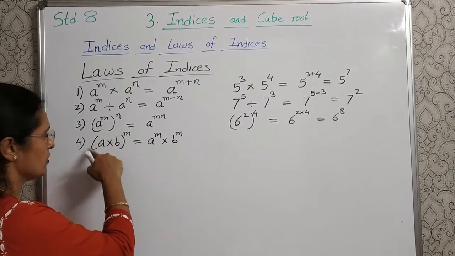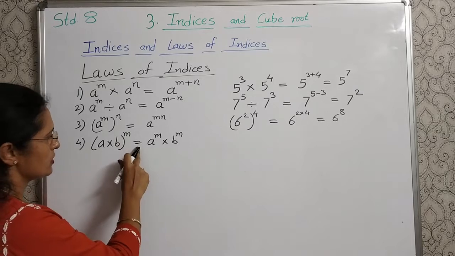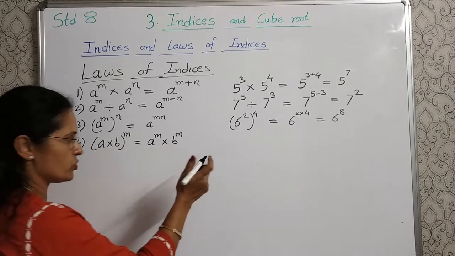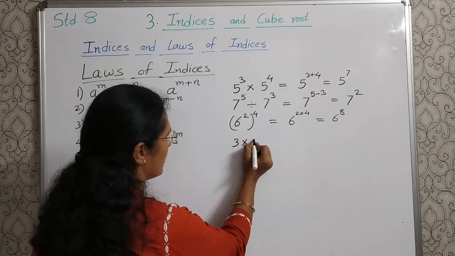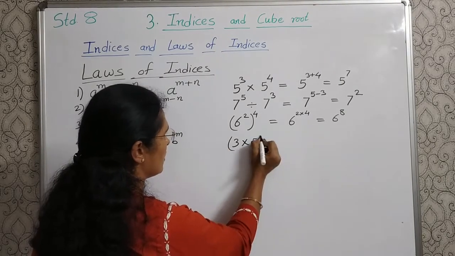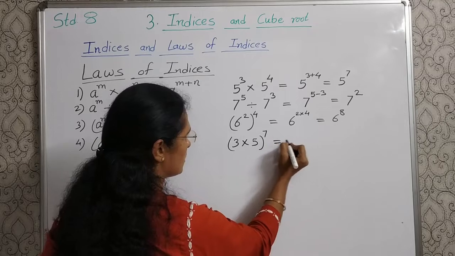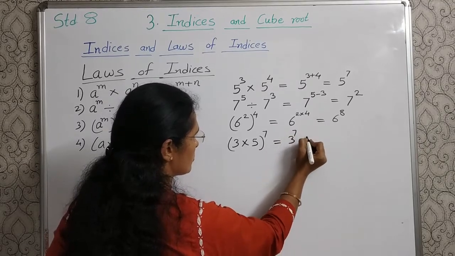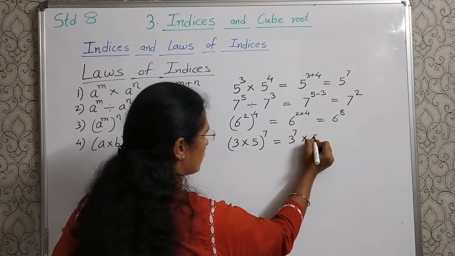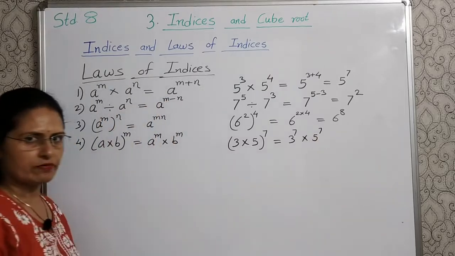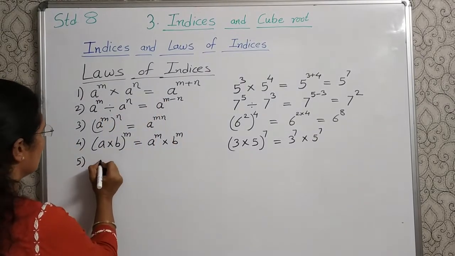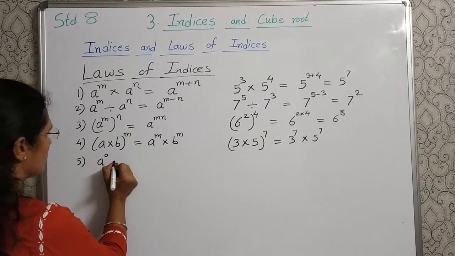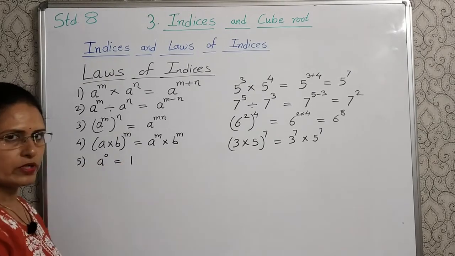A into b bracket raised to m, this is equal to a raised to m into b raised to m. So if it is 3 into 5 raised to 7, then we can write 3 raised to 7 into 5 raised to 7.